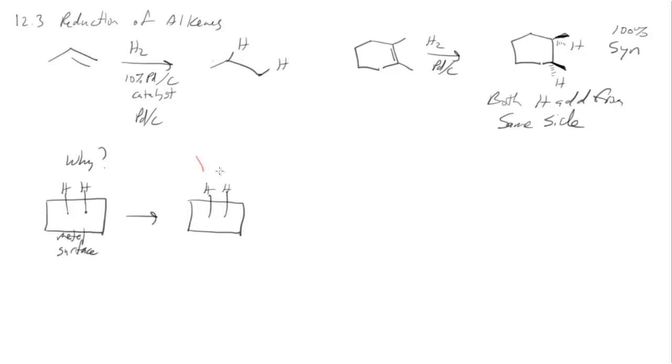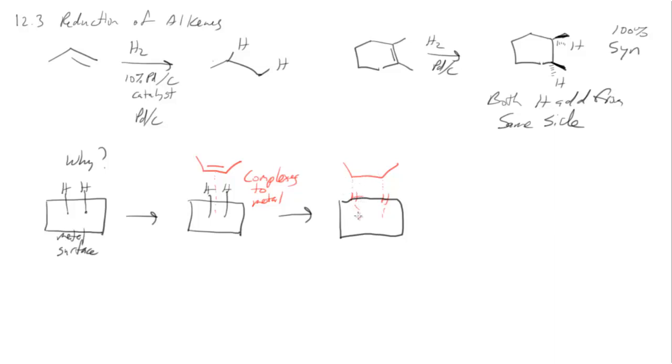Then our alkene comes by, and this pi bond of the alkene complexes to the metal surface. And while it's sitting there complexed to the metal surface, it can start to react with the hydrogens.